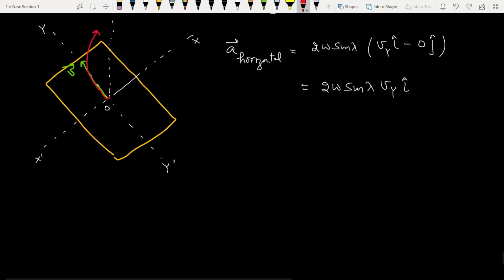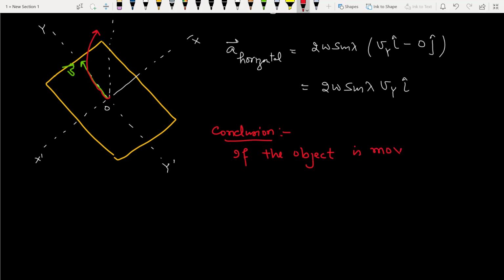So what is the conclusion? Conclusion: due to the horizontal component of Coriolis force, if the object is moving in the northern hemisphere, it is deflected towards its right.